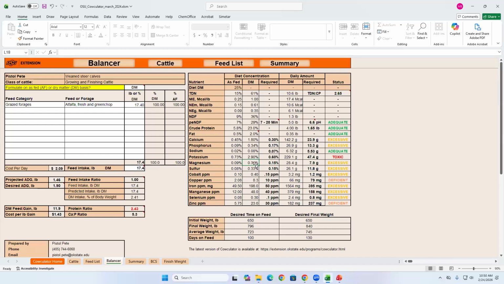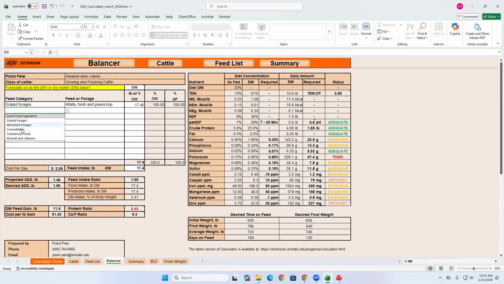Anybody doing that math? What's that? So we're below the 2.2, so we don't have to worry about grass tetany or alfalfa. But we are deficient in copper, we're deficient in zinc.